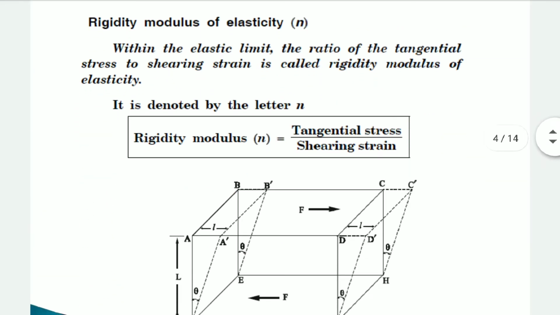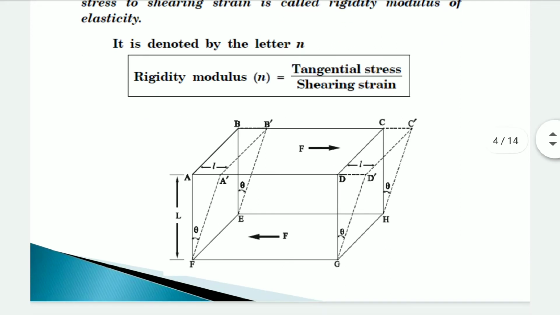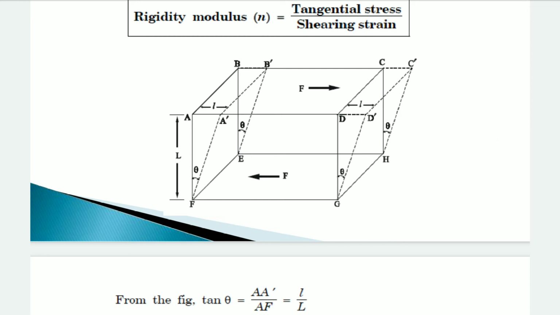Rigidity modulus. This is the ratio of tangential stress to the shearing strain. Here, consider a cube. The bottom face of the cube is fixed. On the top surface, we apply a tangential force parallel to the surface ABCD.